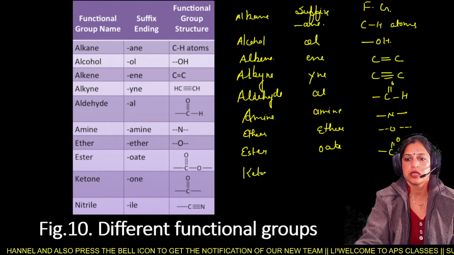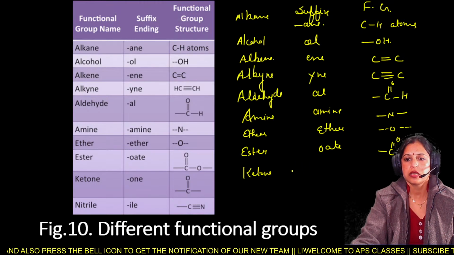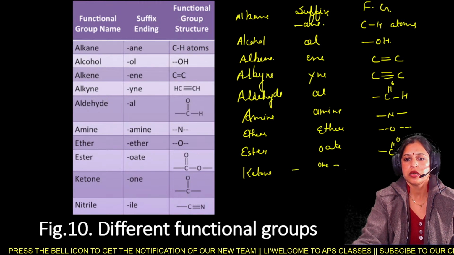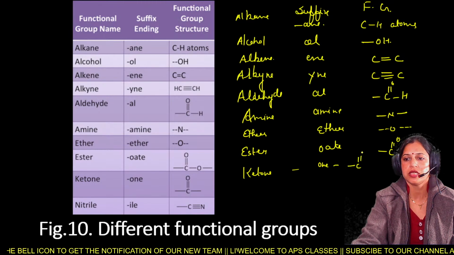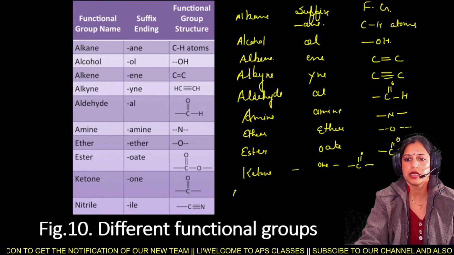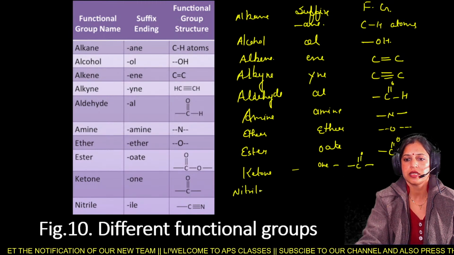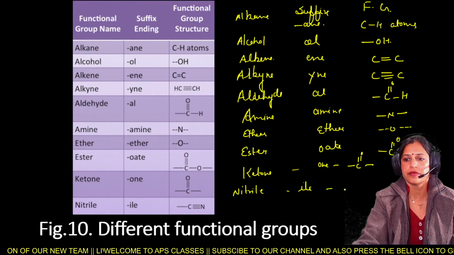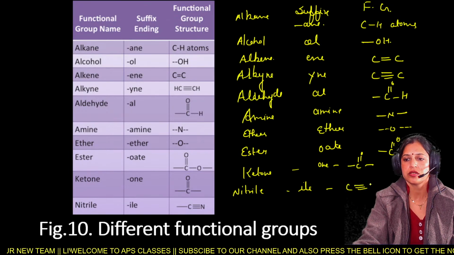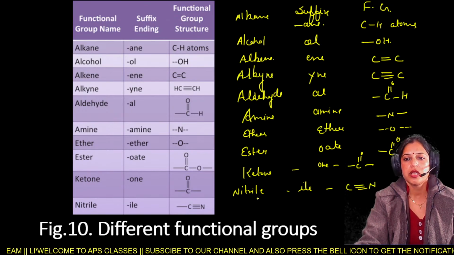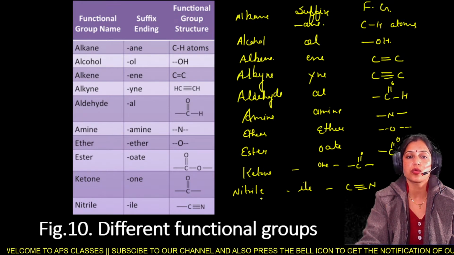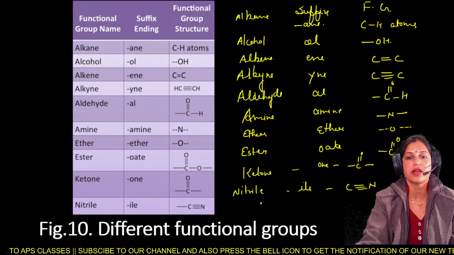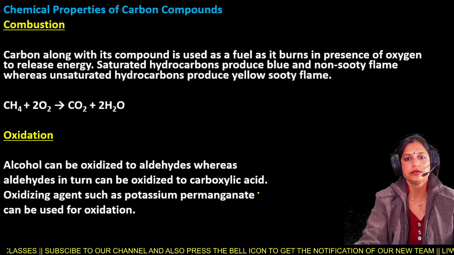Ketone, suffix one and the functional group is C double bond O. Last one is nitrile. Suffix is nitrile and the functional group is C triple bond N. So these are the different functional groups, their suffix ending and the functional group structure.